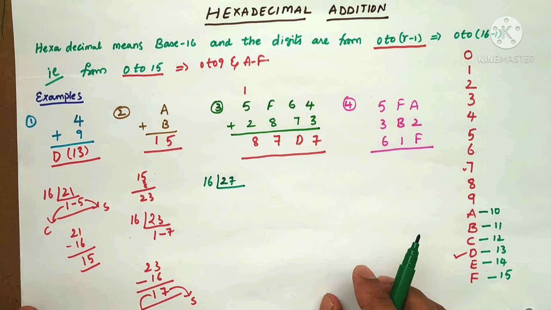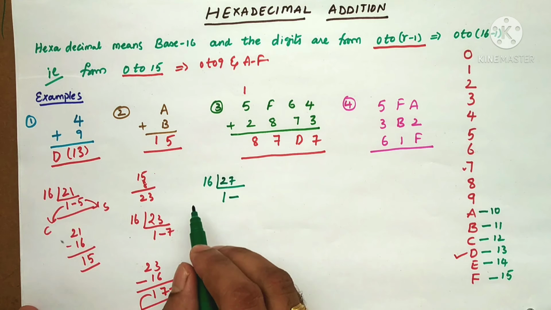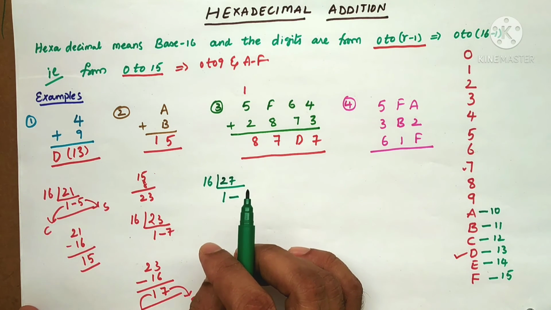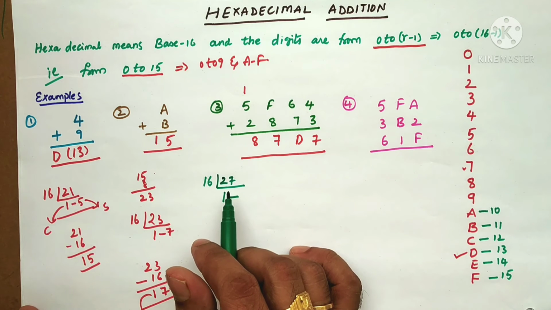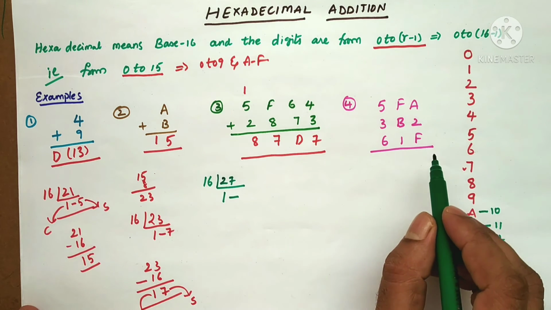16 ones are 16. Right? And the remainder is 4 plus 7, it's 11. Is it right or wrong? Did I make any mistake?